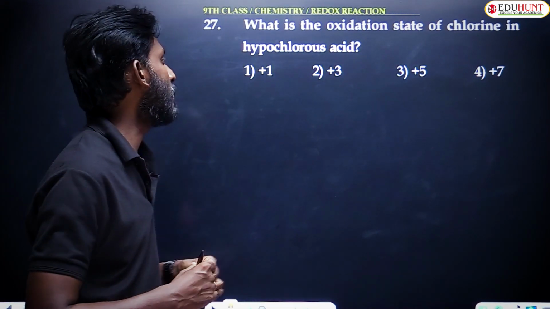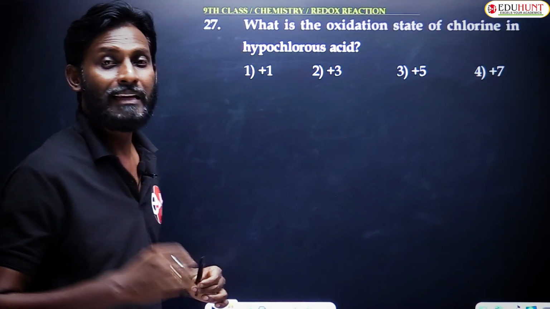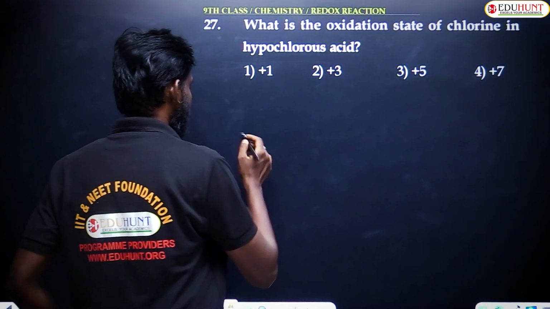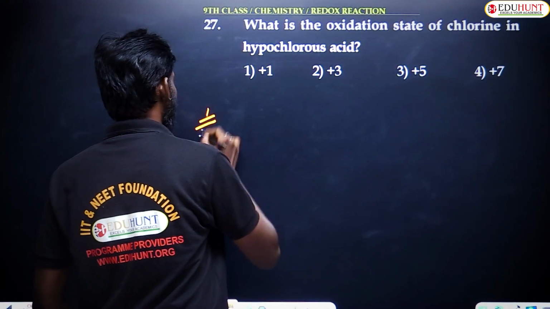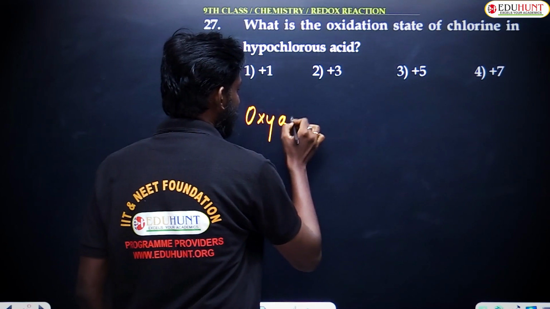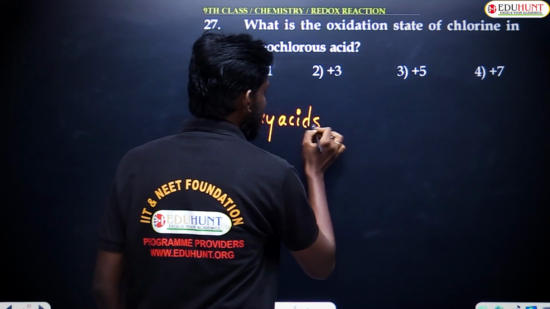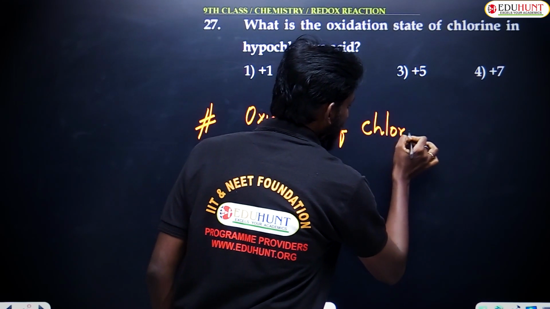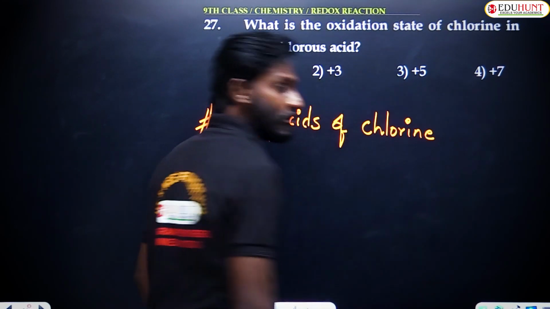Now question number 27. What is the oxidation state of chlorine in hypochlorous acid? See, there are oxy acids of chlorine like this. What are the oxy acids of chlorine?